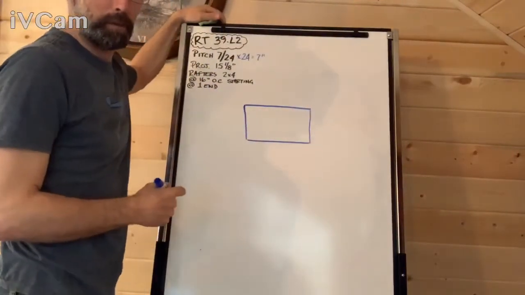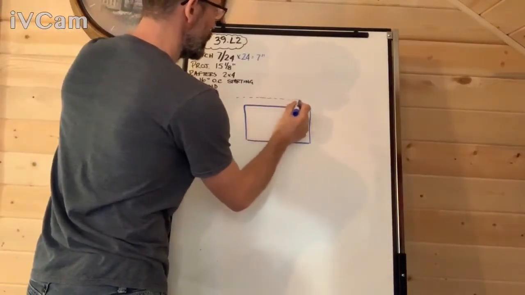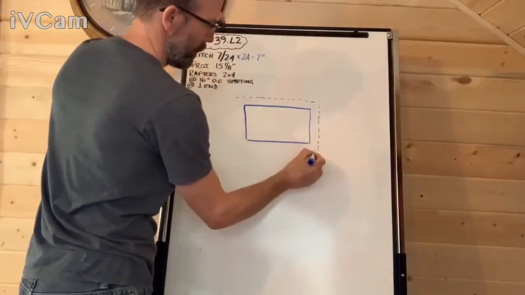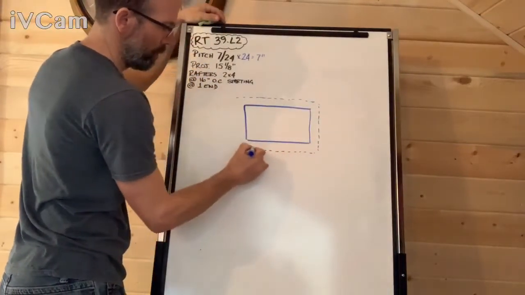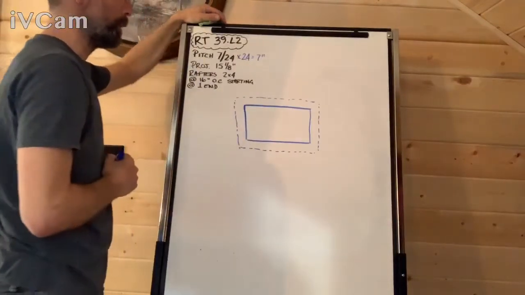That's the outside to outside of walls. We now have projection all the way around this. This is a plan view of what it would look like if we were a bird and we flew over top of here.